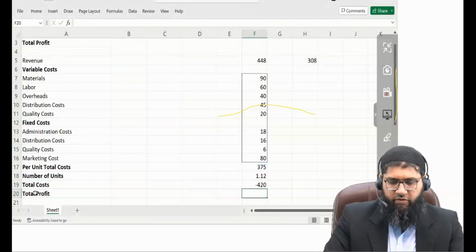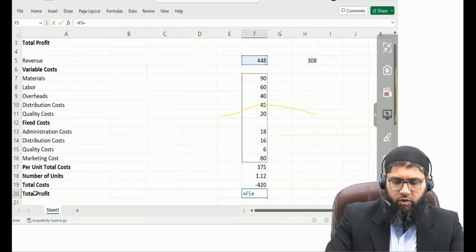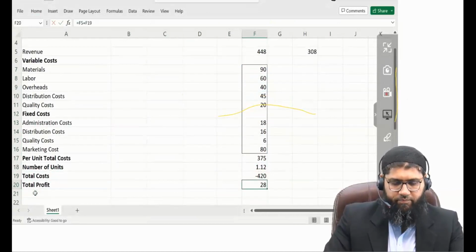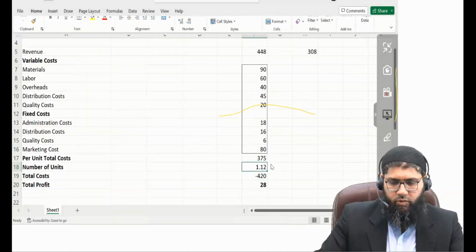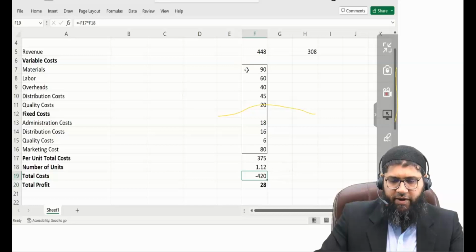So the total profit is going to be this plus this, which is 28 million. Total profit is going to be 28 million.